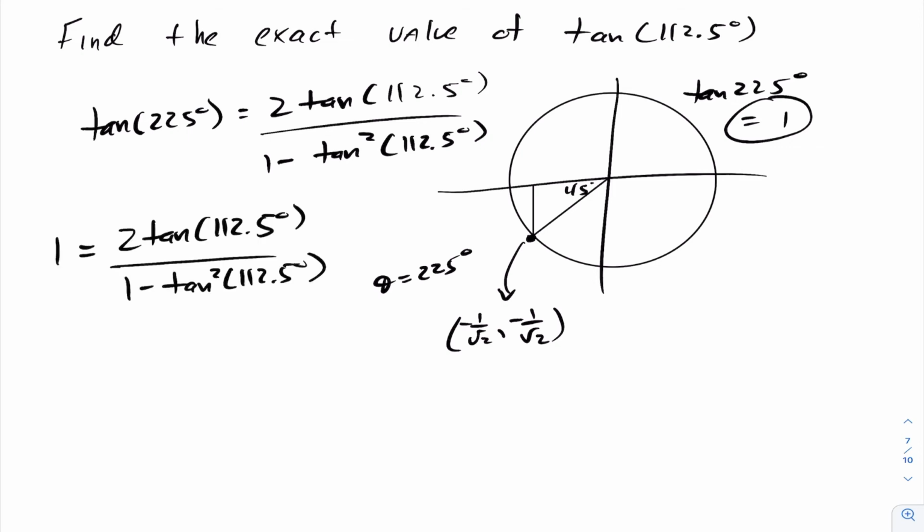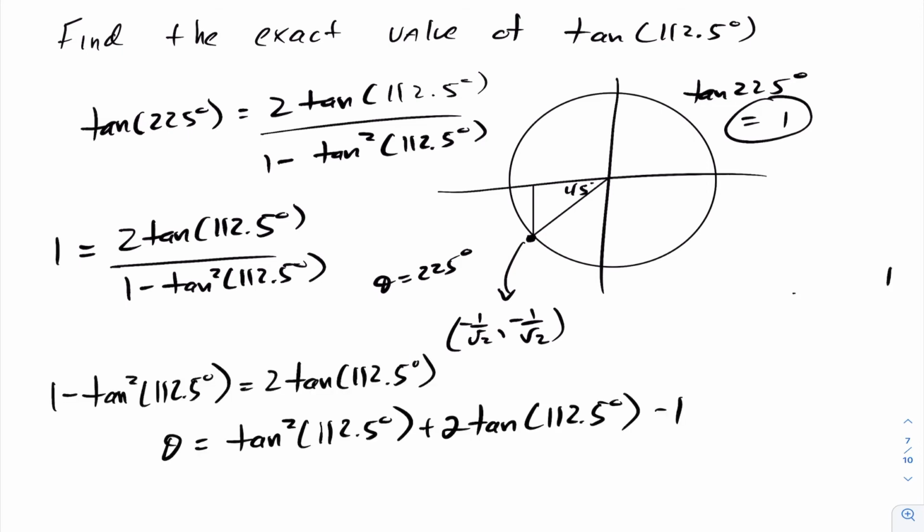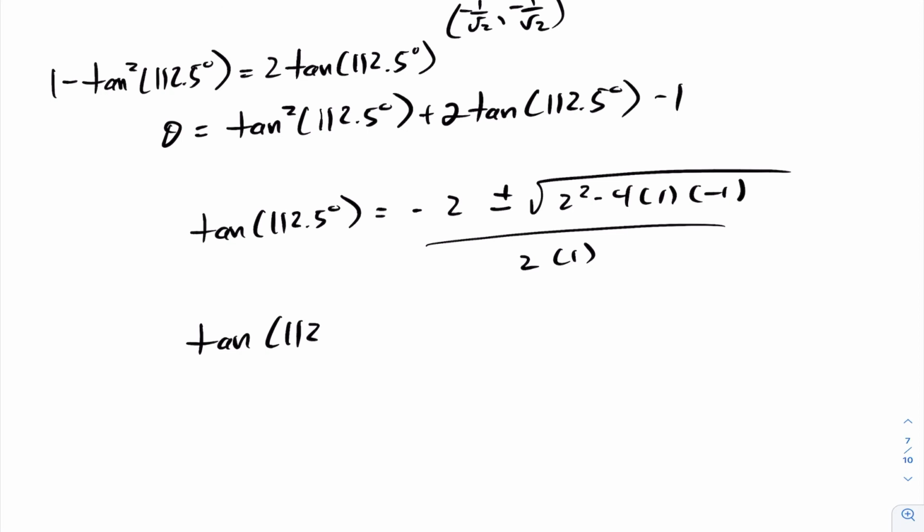We can then multiply across by 1 minus tan squared of 112.5, giving us. Bringing everything to one side, we see that we have a quadratic. Looks a lot like the quadratic x squared plus 2x minus 1. Let's go ahead and do our quadratic equation. So using our quadratic equation here, we end up getting negative 2 plus or minus the square root of 8.